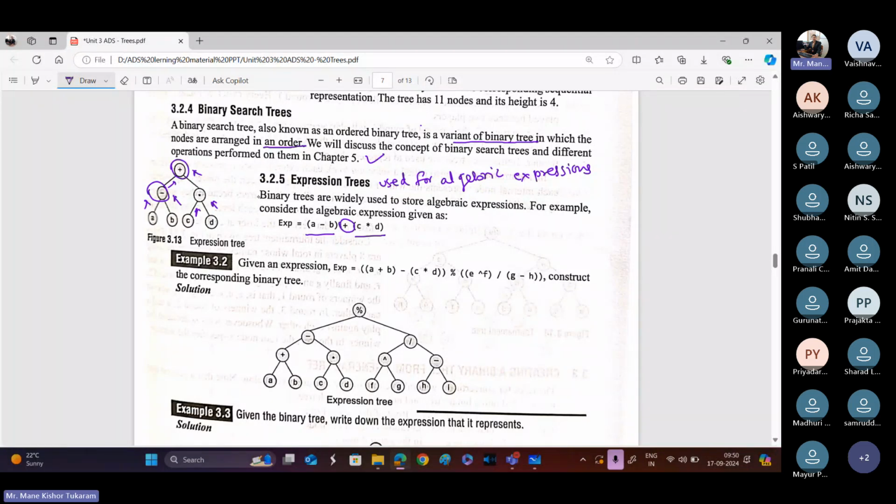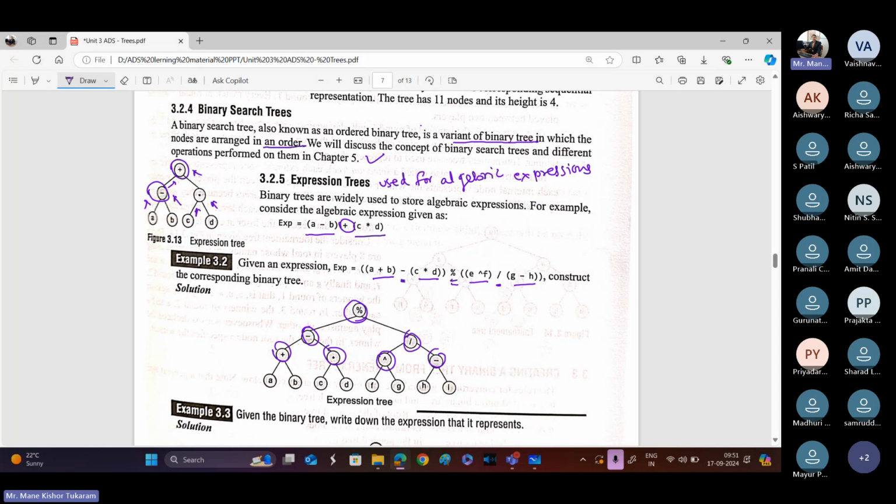Again, we can consider the second example, that is A plus B, C into D. In between there is a minus sign, so we put the minus sign over here. Again, E into E raised to F, then G minus D. Here raised to and minus are differentiated by a slash, and the others by the modulus.